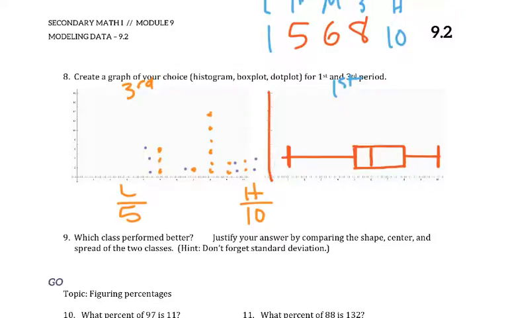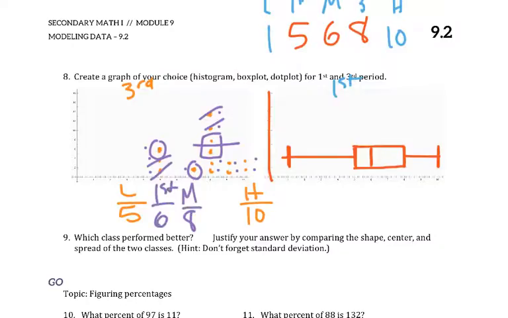So our median would be 8, because all the rest are 8. That would cut our data in half, and then half of 5 and 7 would be 6. So our first quartile would be 6, and our third would be 9.